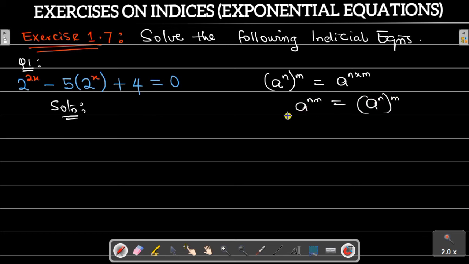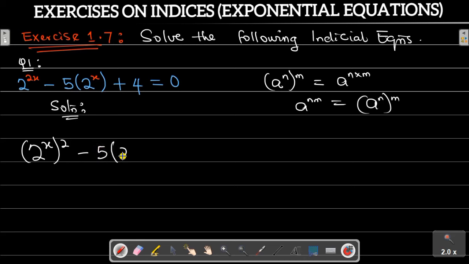I'm going to write 2 raised to the power of x, raised to the power of 2. Why did I choose 2 raised to the power of x to be inside? Because I have 2 raised to the power of x here, so I want to separate it to be alone. Obeying this rule, even if I open this bracket again, 2 will multiply x to still give me 2x, so we have not changed anything.